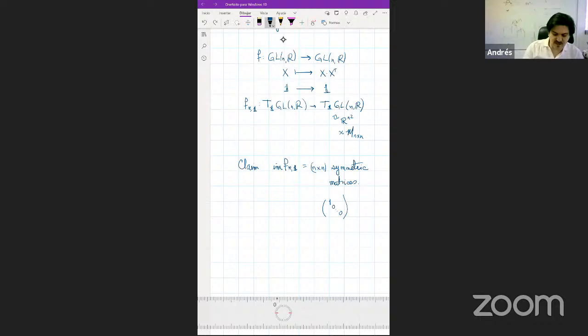So remember how we compute the push forward using curves. So what I claim is I have this here, a vector. I have here P. We need a curve here.